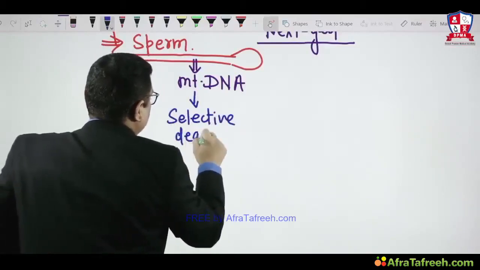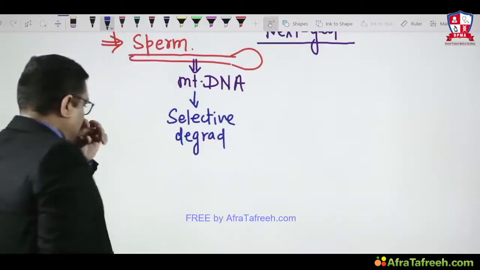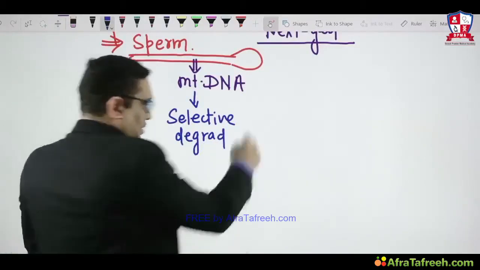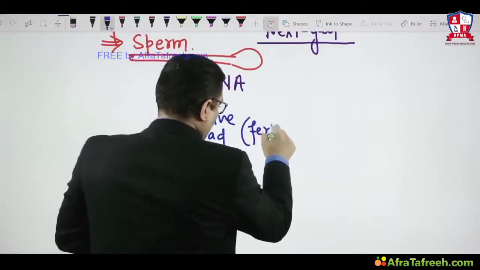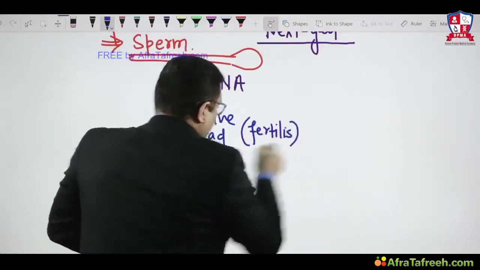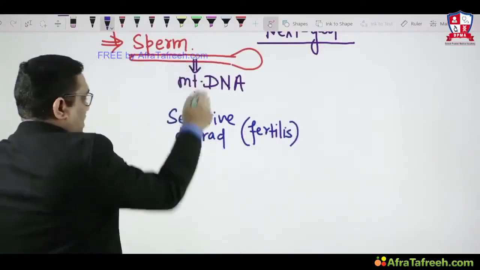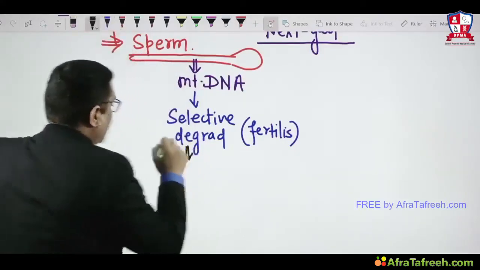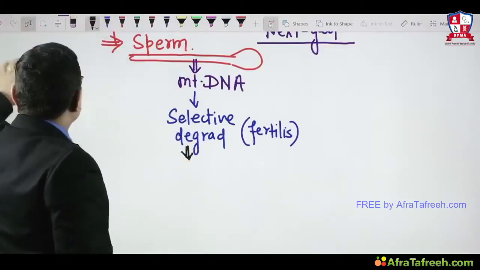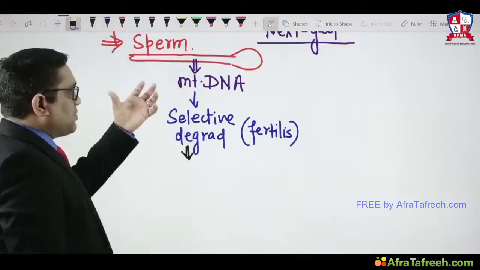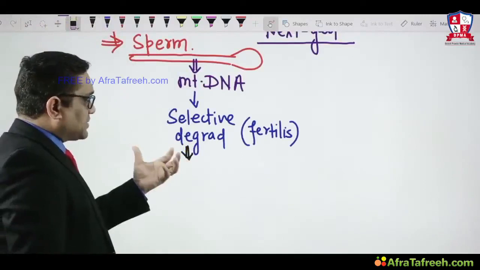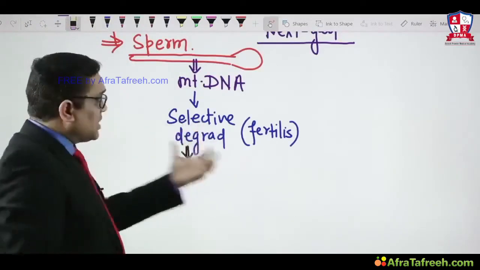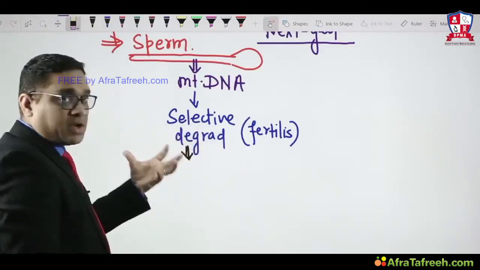So during fertilization, the sperm mitochondrial DNA will undergo selective degradation by which pathway? This was the All India and DNB question this time. So sperm mitochondrial DNA will be selectively degraded during fertilization. This was the question in this DNB exam.